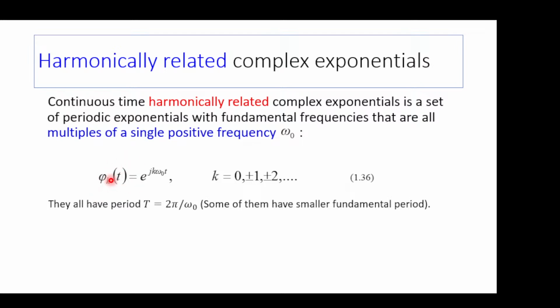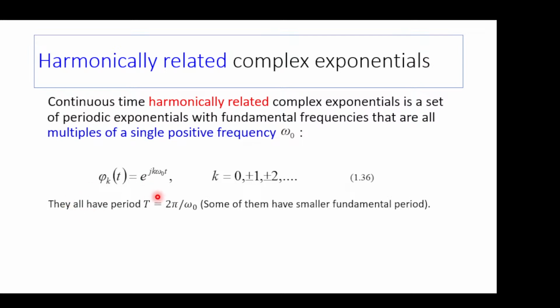So they are labeled by this integer k, k from 0, plus minus 1, plus minus 2, etc. And those complex exponentials have the form e to the j k omega naught t for some omega naught.